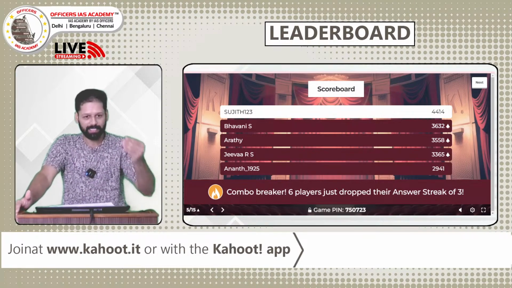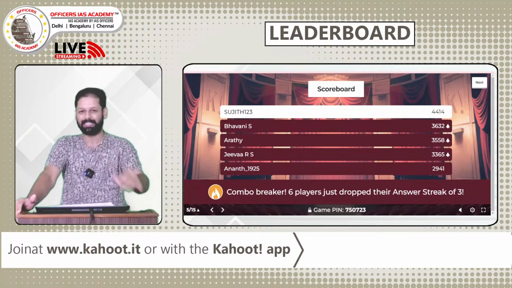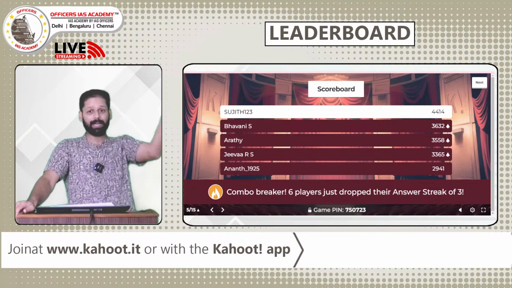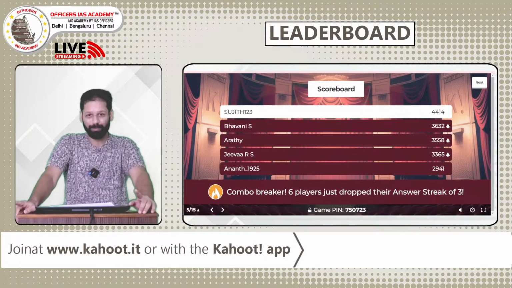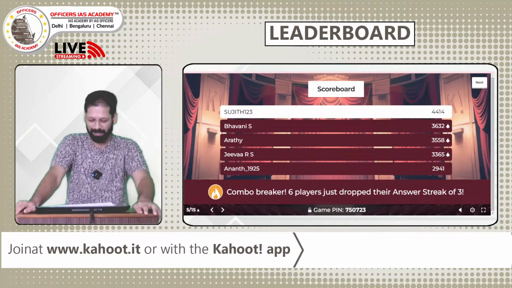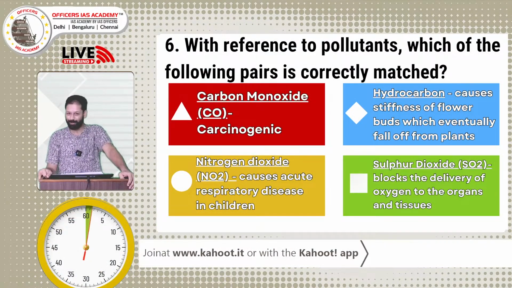At least initially when you go and answer the paper, don't answer these economy questions which are loaded with these words and statements. You can come back to them towards the end of the examination, right? Because that could be a combo breaker for you even in the prelims exam. So that said, let's move on to the next question and let's hope that it is not an economy question again.